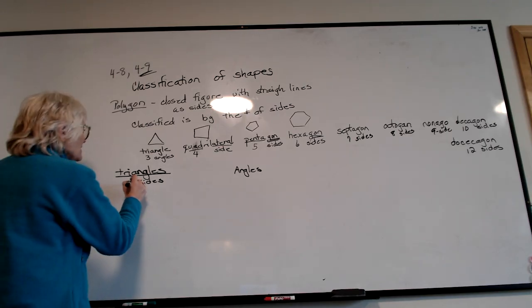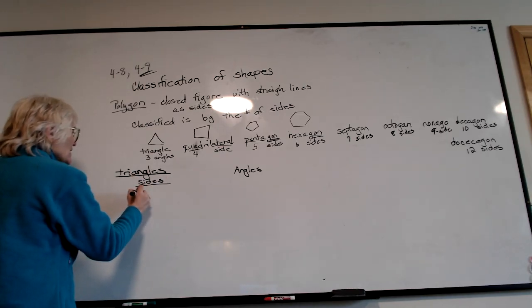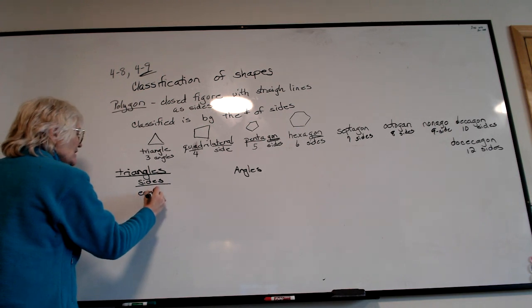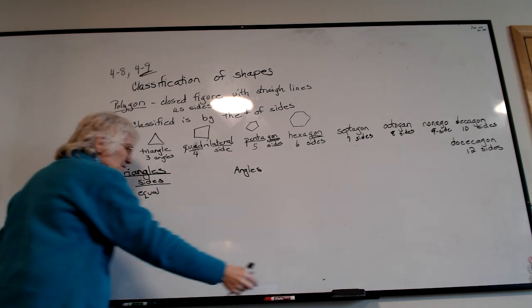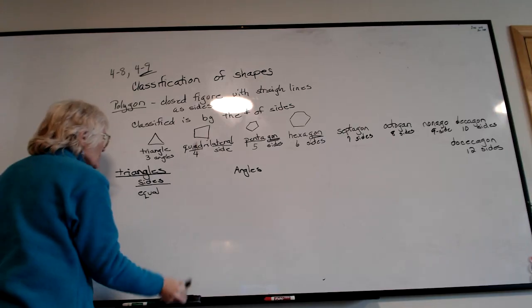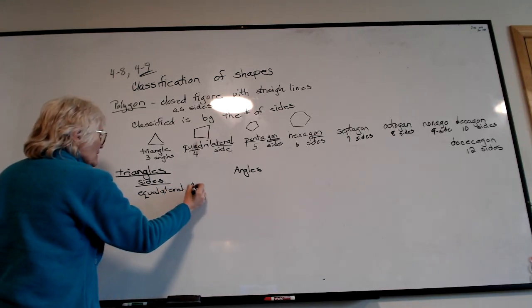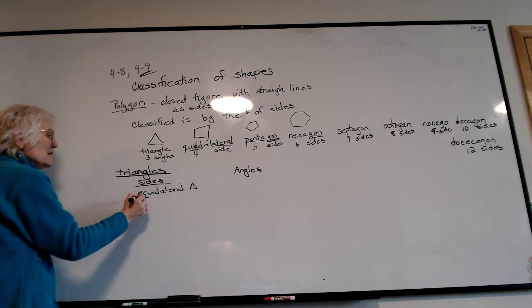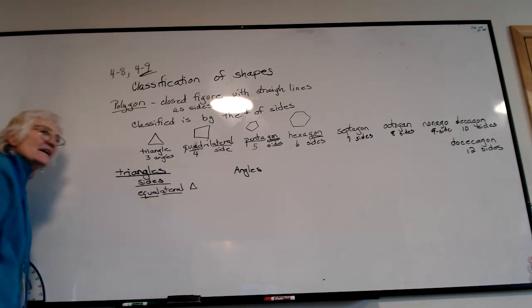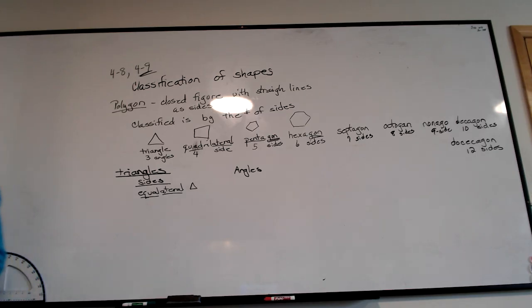If all sides are equal, that is called an equilateral triangle. That's a symbol for triangle. Again, equal side. Lateral means side. If anybody plays or watches football and knows what a lateral pass is, it's off to the side. So that's what the word lateral means, to the side.